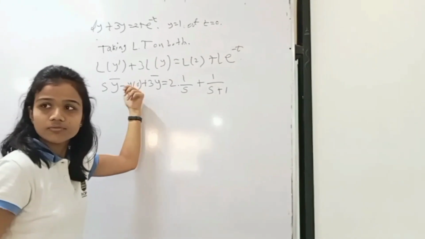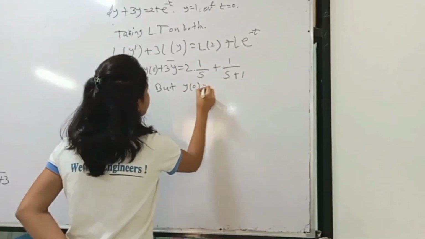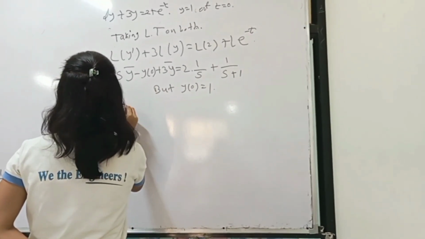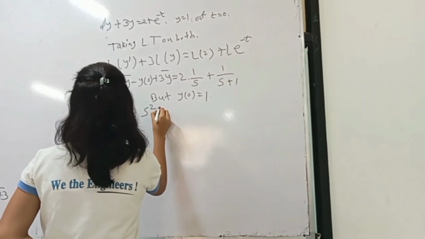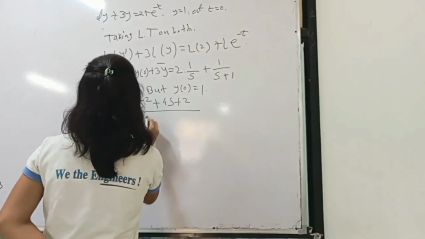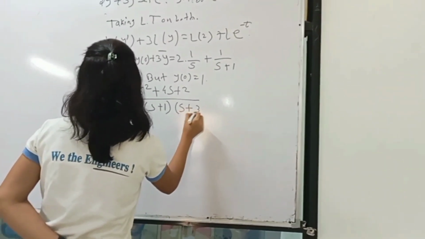But we know that the value of y(0) is 1. So put the value of y(0). Y is equal to s square plus 4s plus 2 divided by (s plus 1) into (s plus 3).